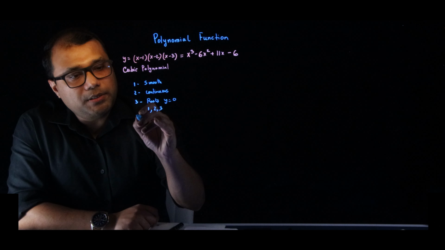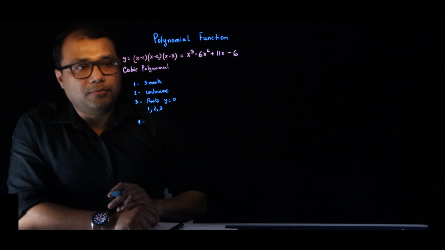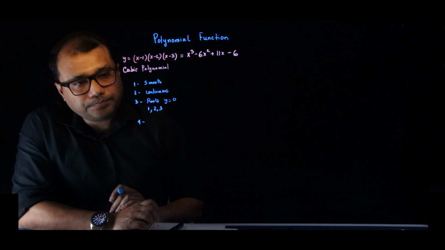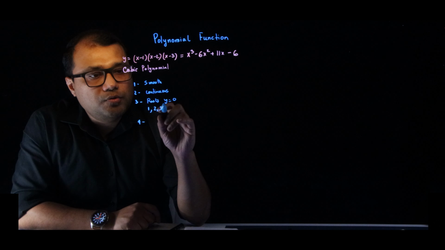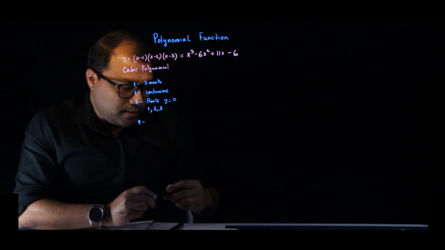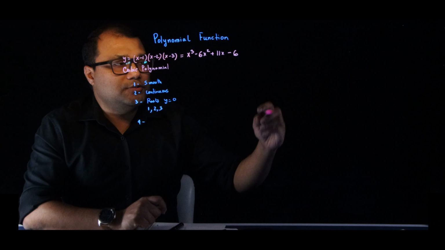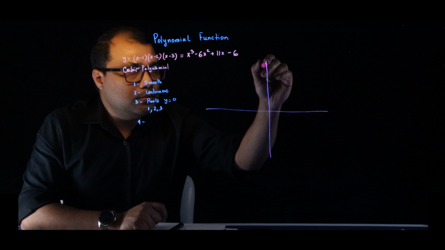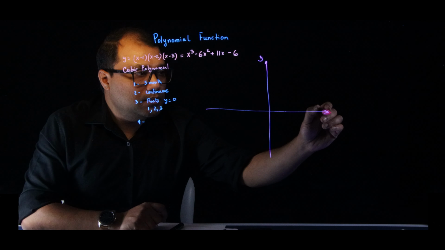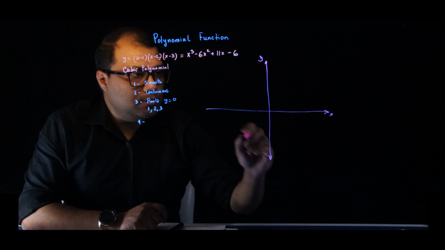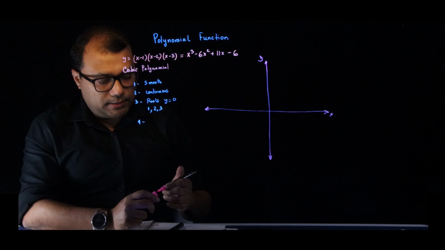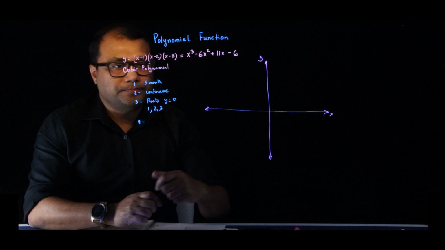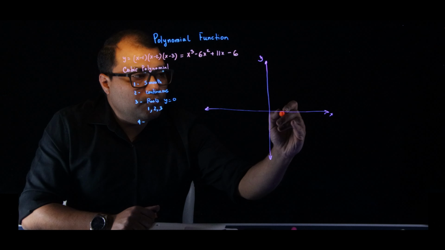Now let me introduce another property or rule. Before we get there, let me show you why it happens. Let's try to plot this one now. This is the y-axis, x-axis, minus y, minus x. So roots are 1, 2 and 3.